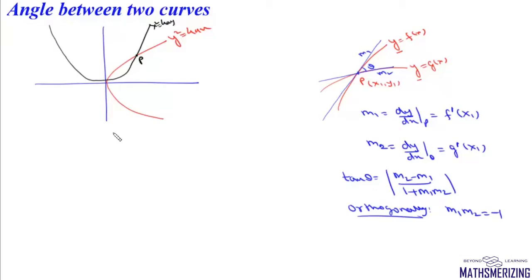So y will be x to the power 4 upon 16a square, and this is 4ax. So from here we'll get either x as 0 or x as 4a. So this point of intersection will be either (0, 0) or (4a, 4a).